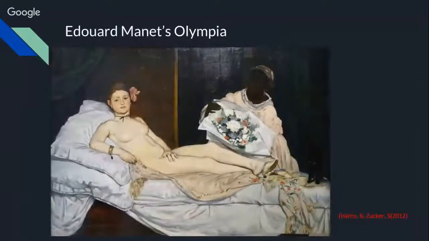The next one we're going to talk about is Manet's Olympia. This painting was created in 1863 by the artist Edouard Manet.